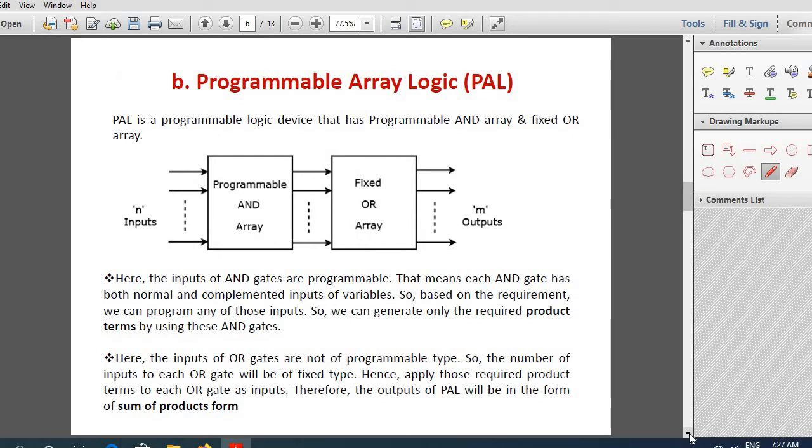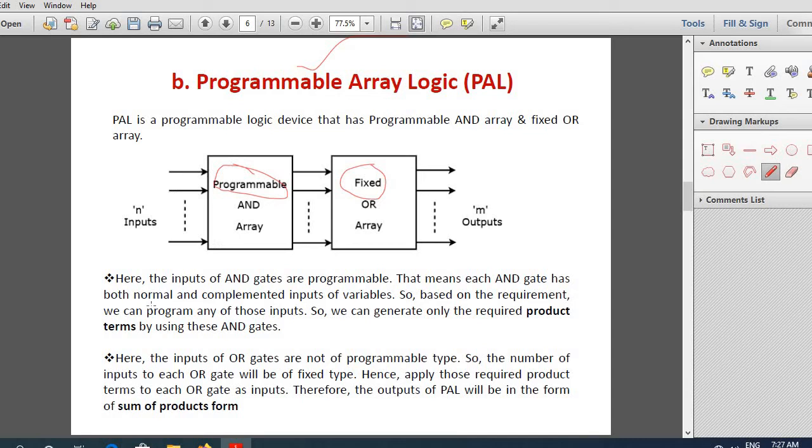Now, the next programmable device that you need to look at is programmable array logic, which you call PAL. Here you have n inputs, a programmable AND array and a fixed OR array. What is the meaning of this?